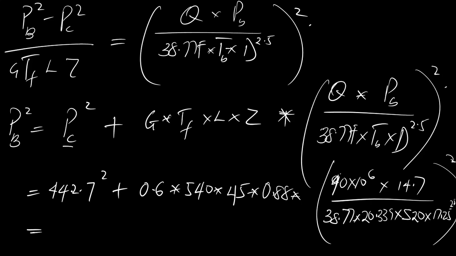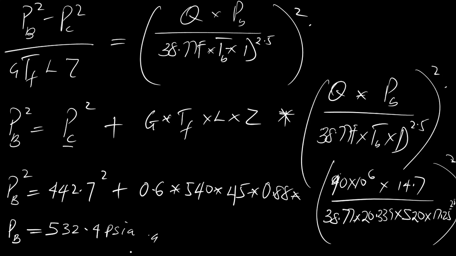What it will give us is now 532 point something PSIA. So this is the pressure at B.